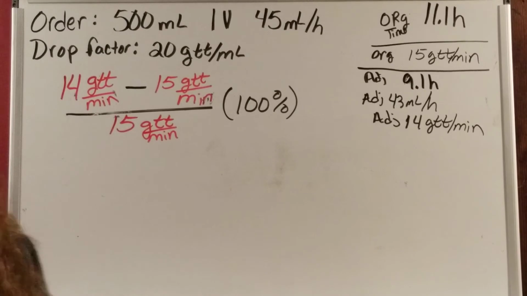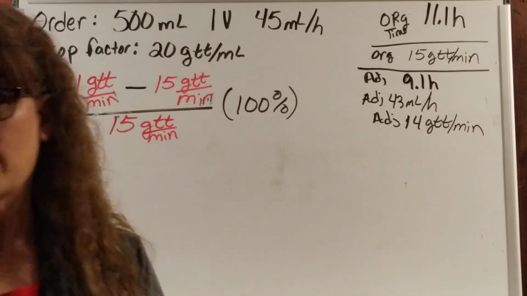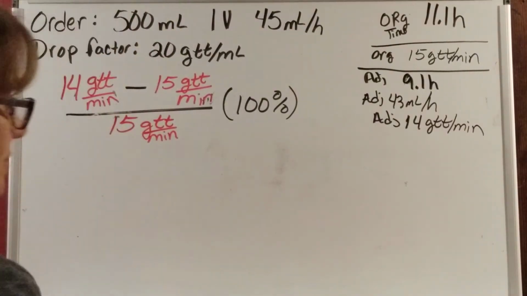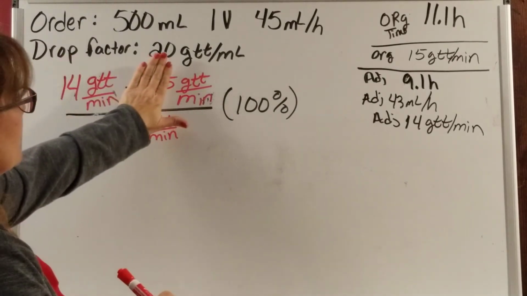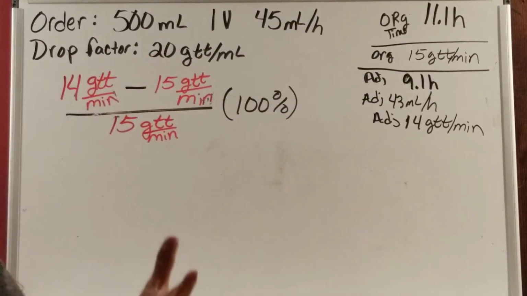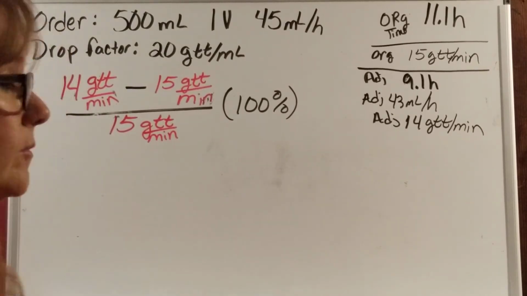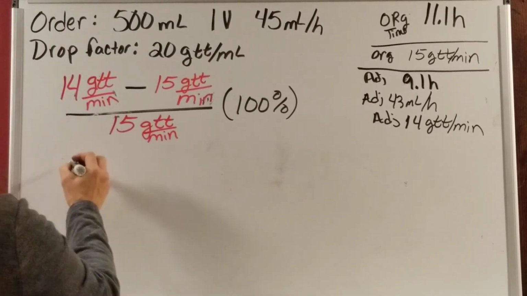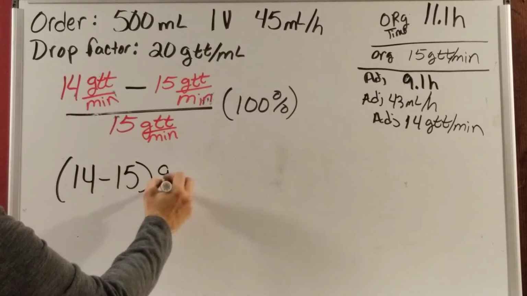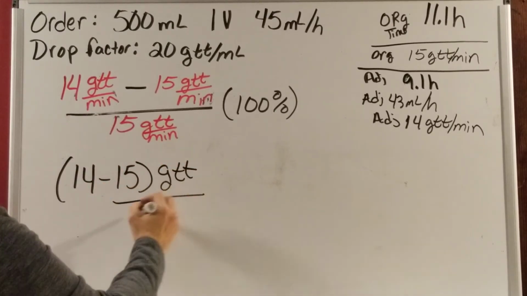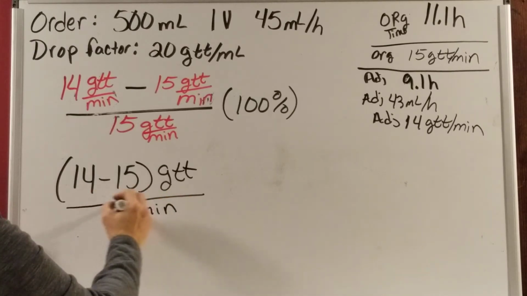So whenever we add or subtract, we have to have like terms, or you can't add them or subtract them. So I'm going to put my hand over the 14. I got drops per minute. My hand over the 15 drops per minute. So they are like terms, so I can subtract those two. So I'm going to rewrite it as 14 minus 15 in the parentheses. And I'm going to put my drops per minute like this.